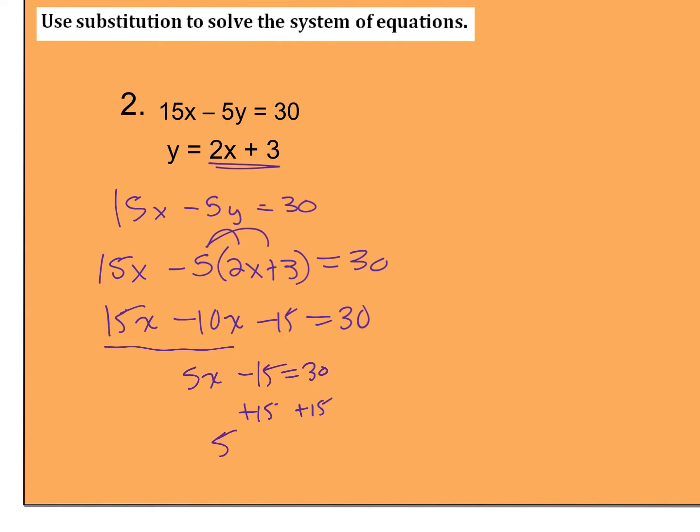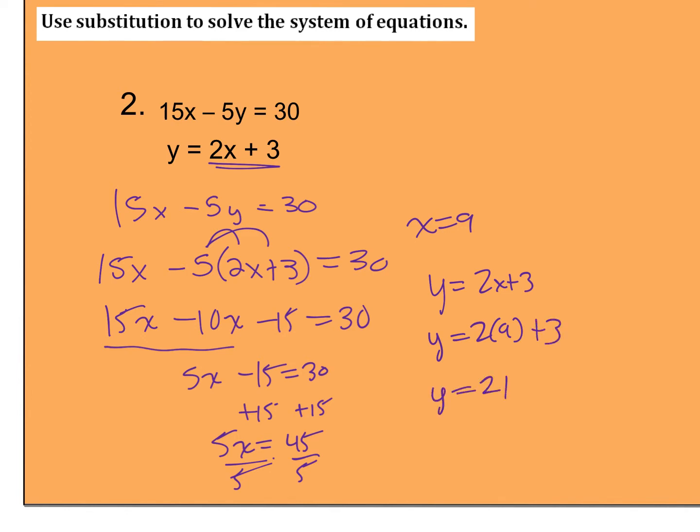So 5x equals 45. One-step equation, x will equal 9. I know y equals 2x plus 3, so y equals 2 times 9 plus 3. So y should equal 21. There's my answer. And again, all this stems from having y equals something, so I'm just substituting that in for that y.